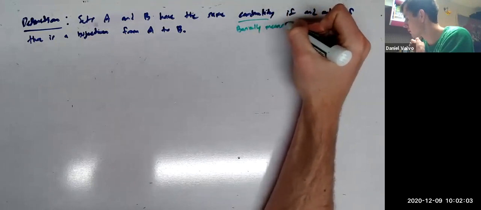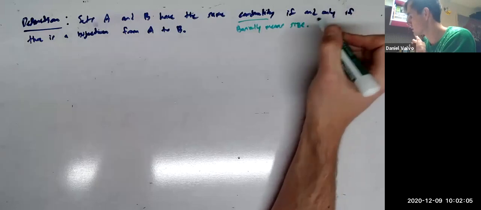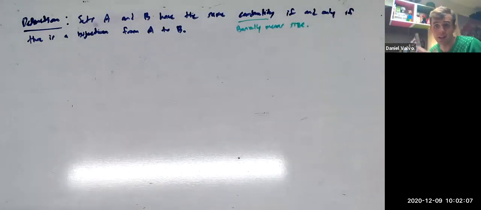Cardinality basically means size. If two sets have the same cardinality, it basically means they have the same size. That's literally true for finite sets.